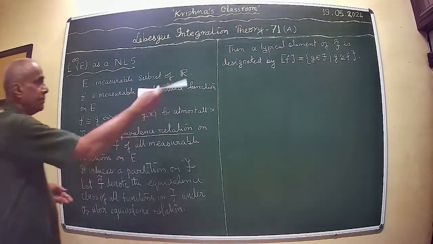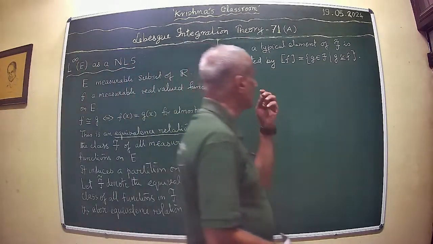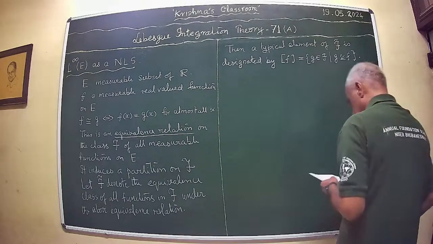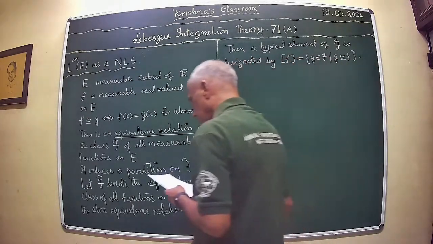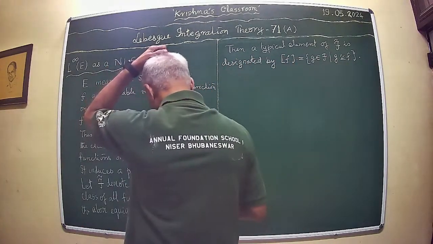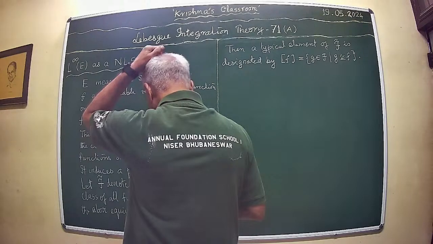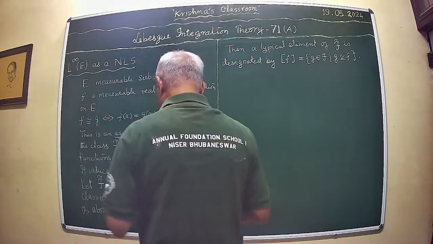So these are the elements of a typical element of F tilde. So we define L infinity.